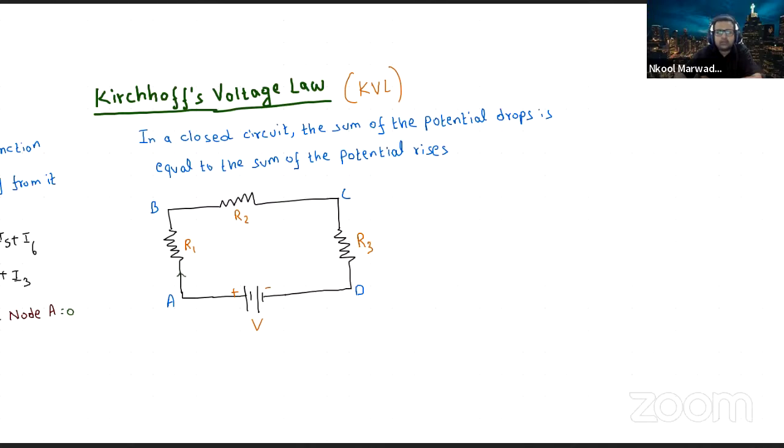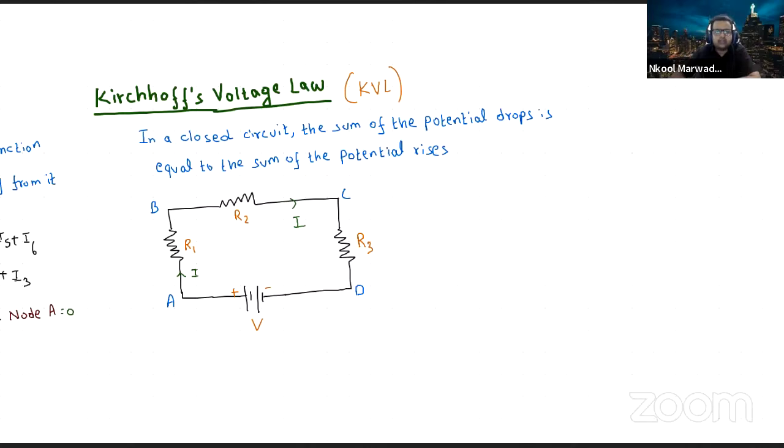We know that in a series connection, the current remains the same. Always remember here, all the resistances are connected in series. And since they are connected in series, the current will not get distributed.